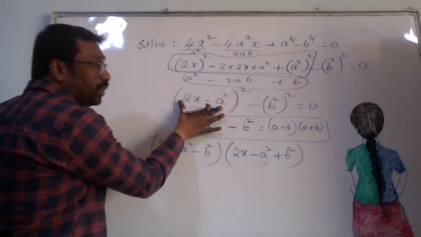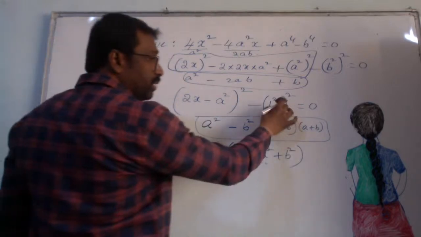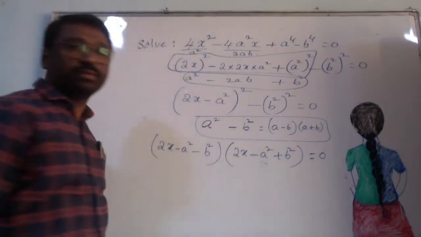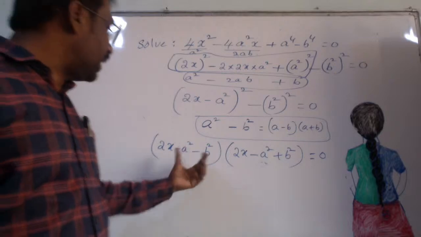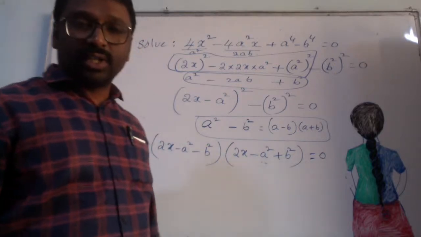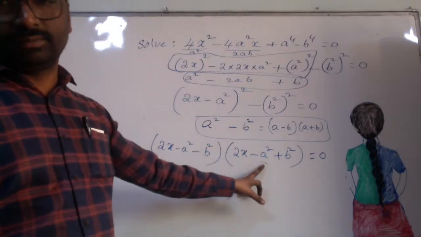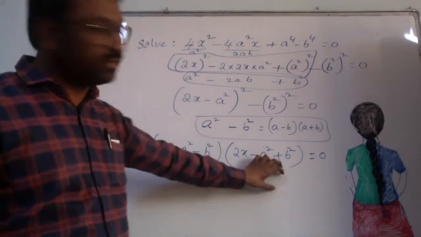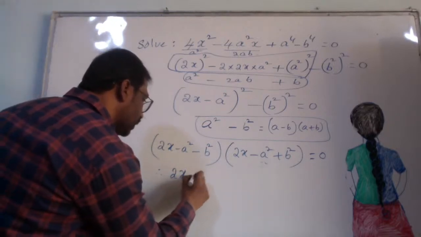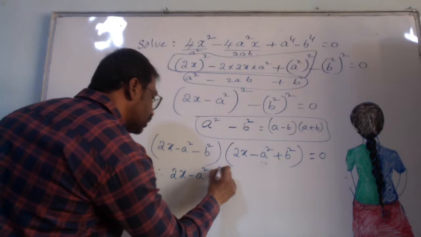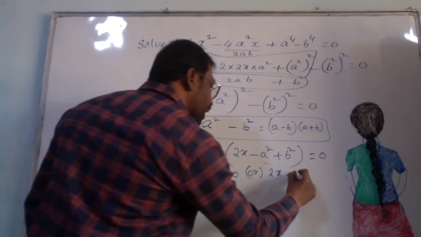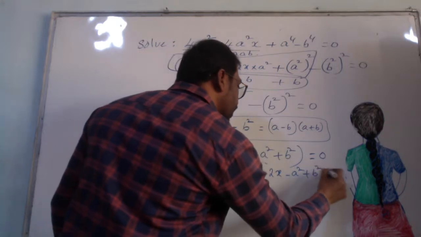So a means 2x minus a square, b means b square, so a plus b equal to 0. That means the product of factors equal to 0. Therefore, either factor equal to 0. So 2x minus a square minus b square equal to 0, or 2x minus a square plus b square equal to 0.